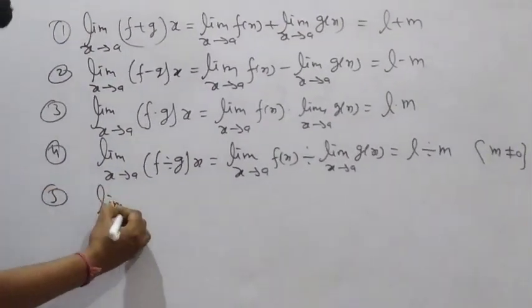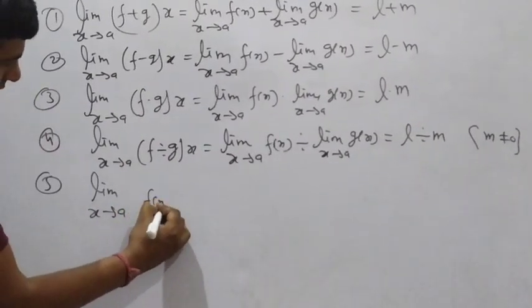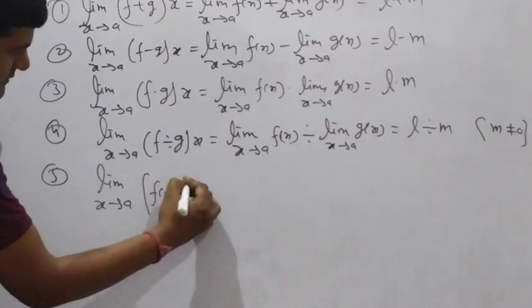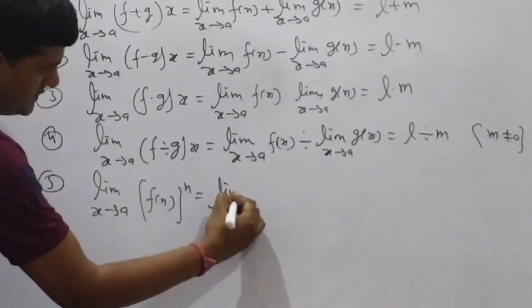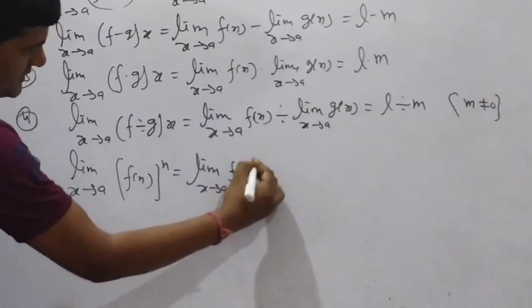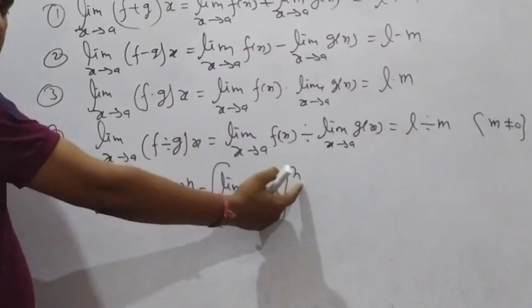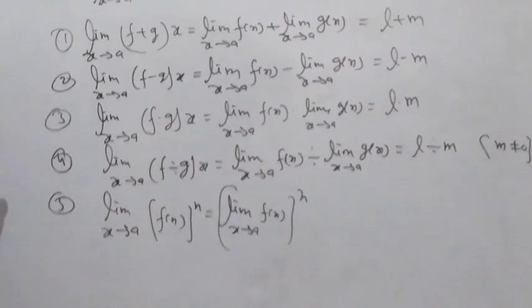Next one, limit x tends to a (f(x)) power n is equal to (limit x tends to a f(x)) whole power n, where n is a positive integer.